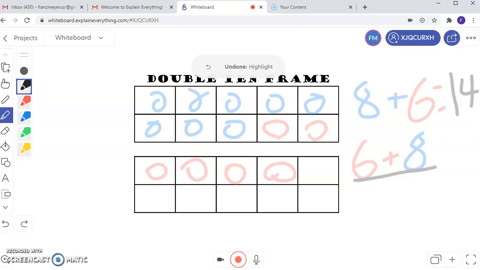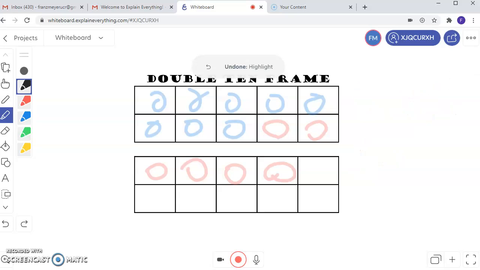Now, one more thing I want us to look at is subtracting with our 10 frame again. So we have 1, 2, 3, 4, 5, 6, 7, 8. We've got 8 blue circles, right? So let's mark our 8. And how many did we have total? We had 14, right?